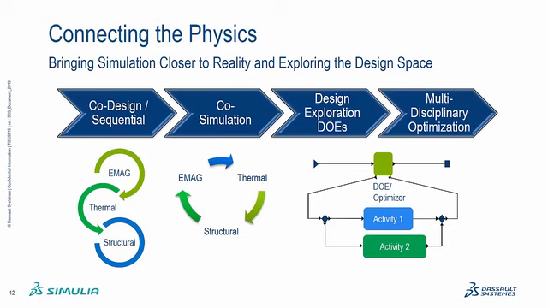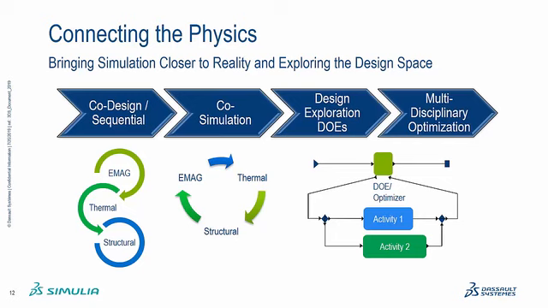But then maybe that structural deformation at the end does impact the electromagnetic performance. So you need to do a full co-simulation, as you can see on the next image over on the right here. So you do the electromagnetics, then the thermal, the structural. The structural is actually maybe changing the position of some components, which changes the electromagnetic performance. So you need that complete cycle simulated. And then over on the right-hand side of this slide, you can go even further and start to look at full design exploration.